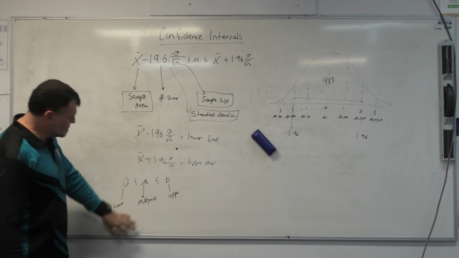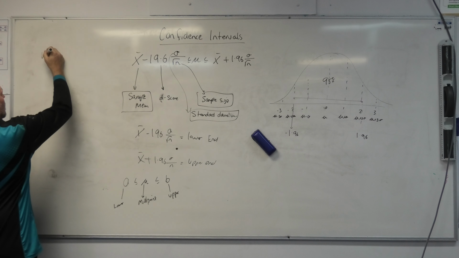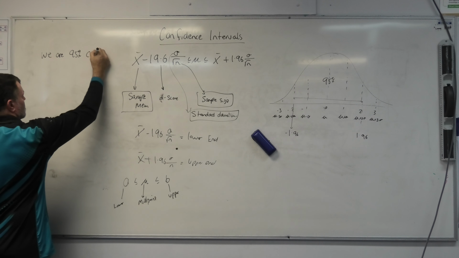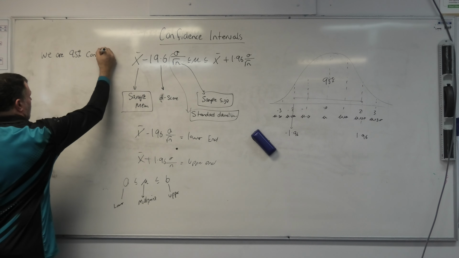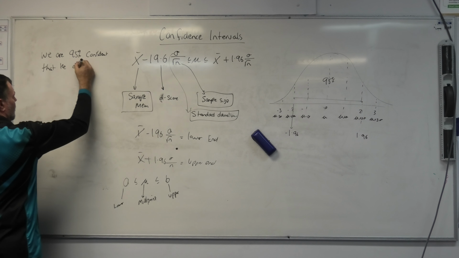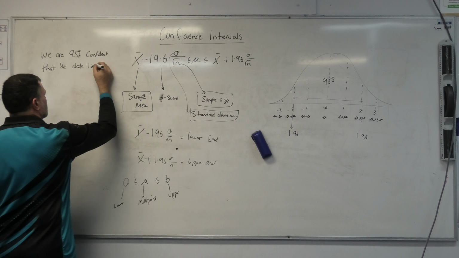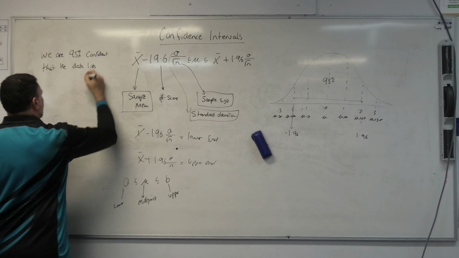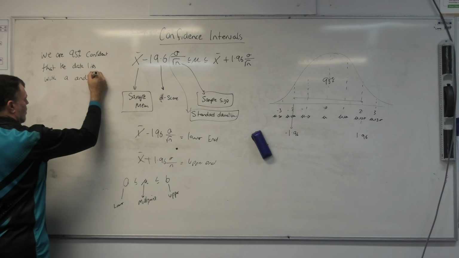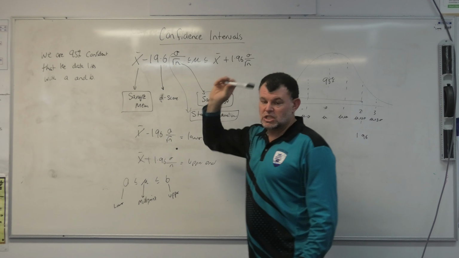So if we're going to describe this answer here, we say we are 95% confident that the data lies within A and B. Now, this is a generic description.